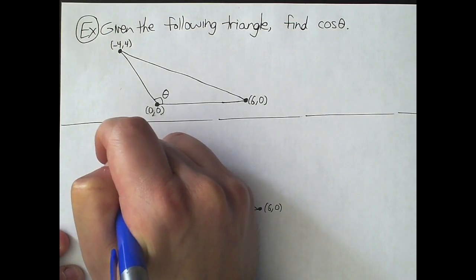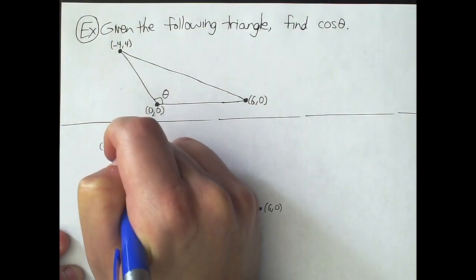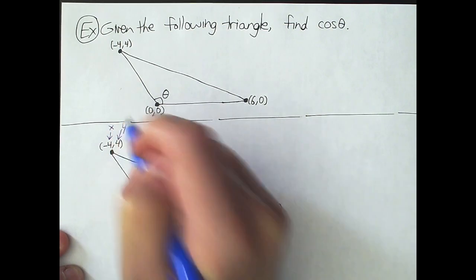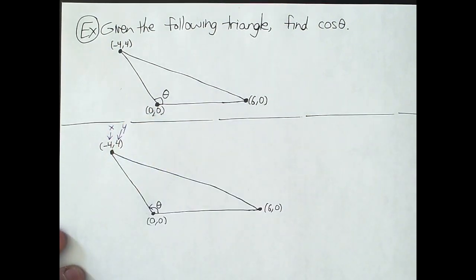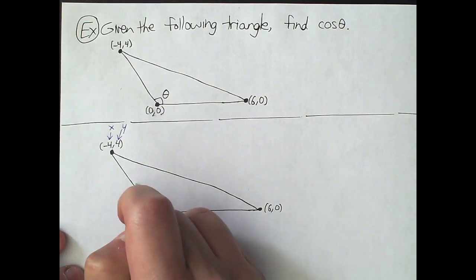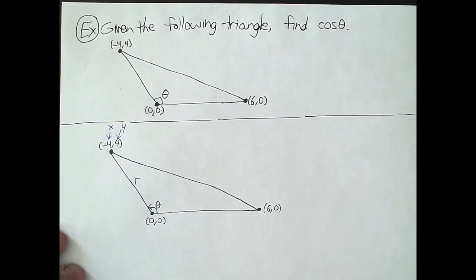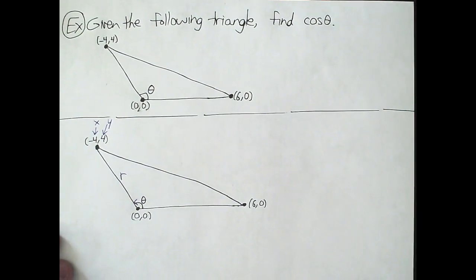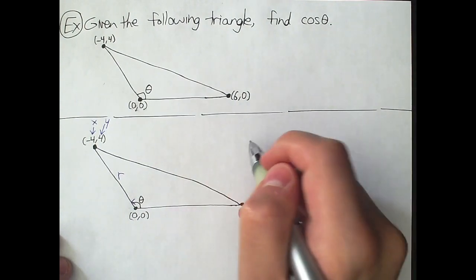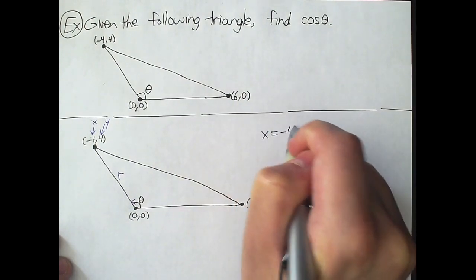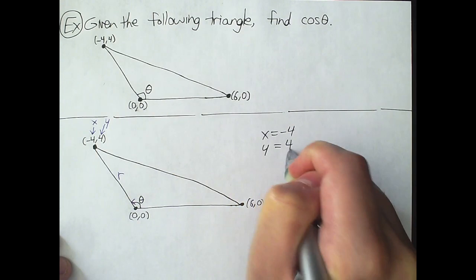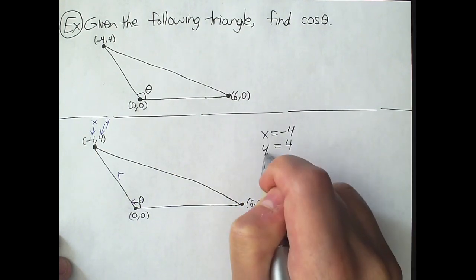We have a point on the terminal ray, so let's think of this as x, and let's think of this as y. All right, and let's label this r to agree with that previous picture that we drew. Now x is -4, y is 4. What is r? Do we need r?